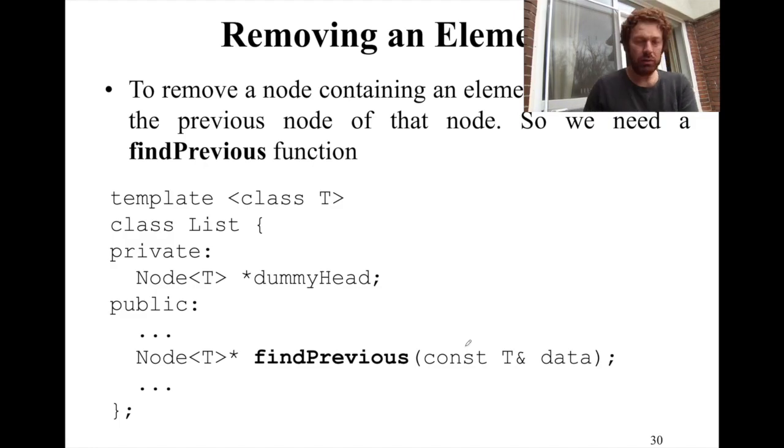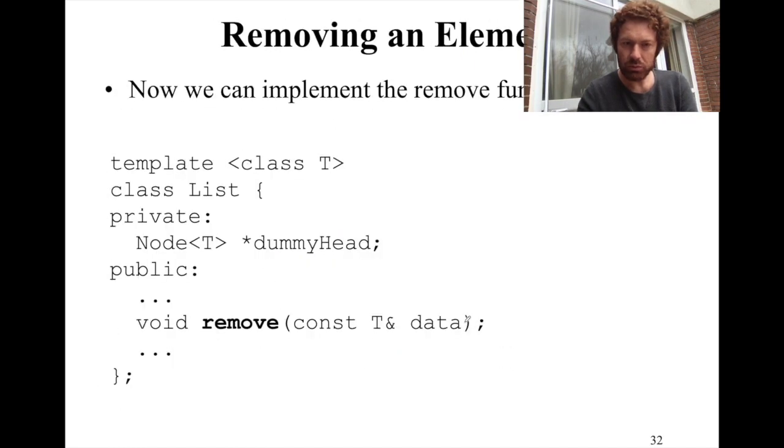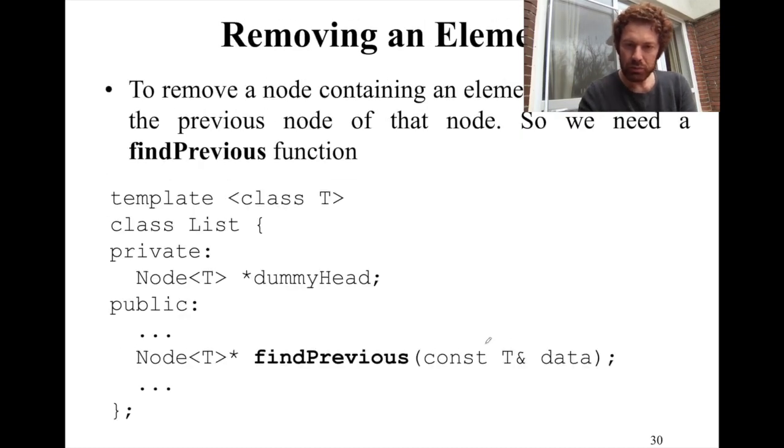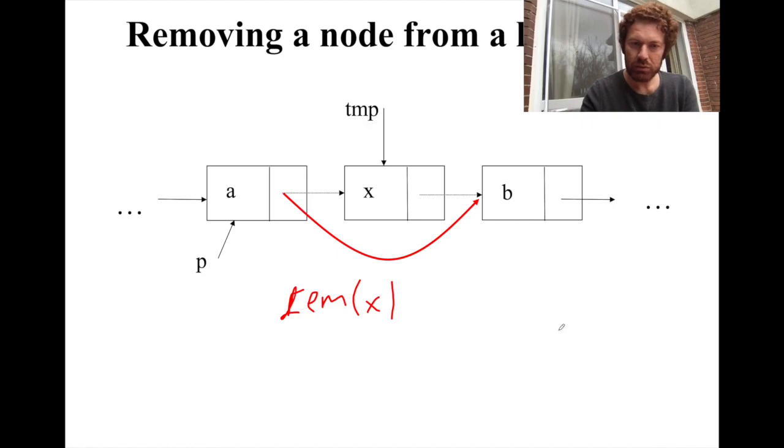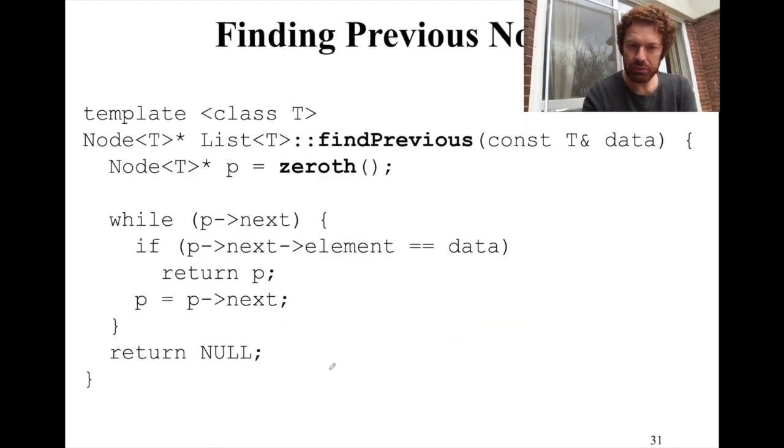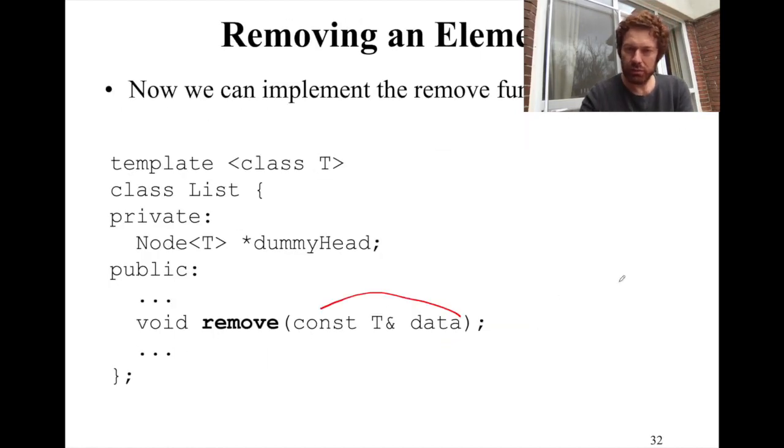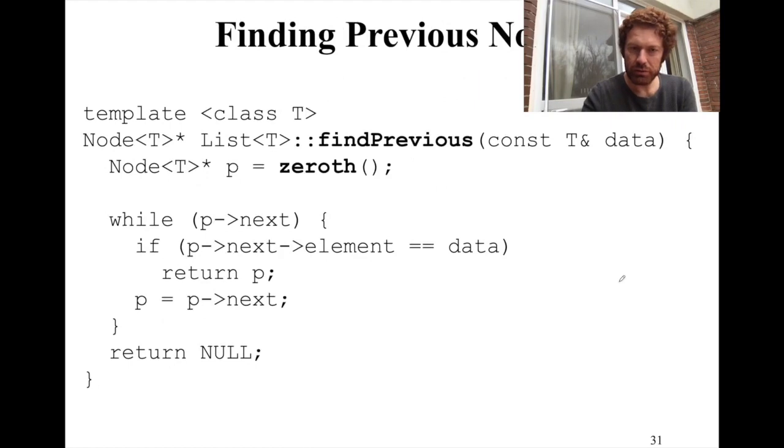Okay, so as I mentioned, you need to find the previous. So this is the remove. It expects only one data value, like 7. Then you will call find previous with 7, and you will find that node and then do the bypassing. So let's keep things in motion here, basically.